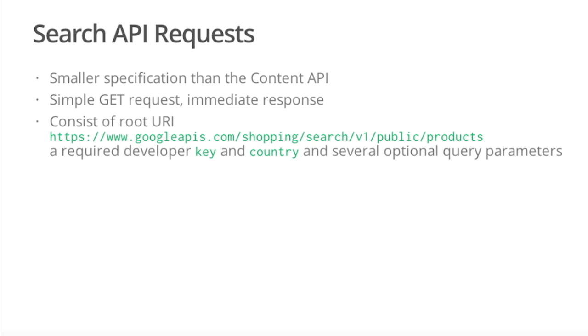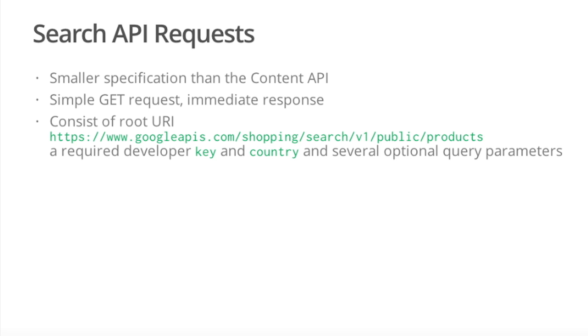Each request sent consists of the exact same root URI, www.googleapis.com/shopping/search/v1/public/products. Rather than specifying an account ID in the URI, an API key is sent with the key parameter. The query, filters, and other settings are sent as URI query parameters as well.